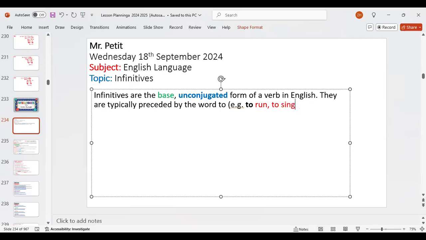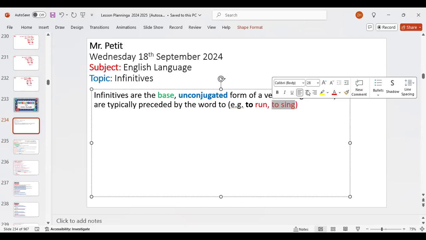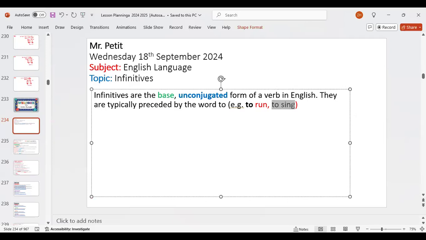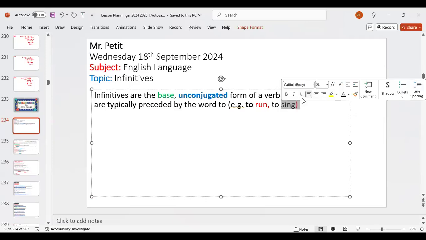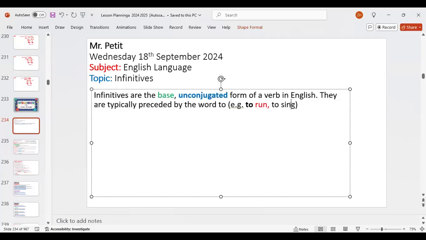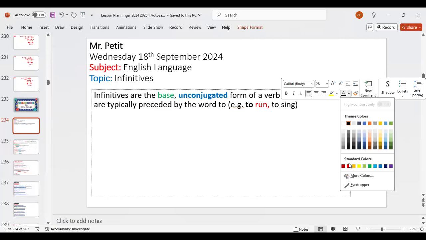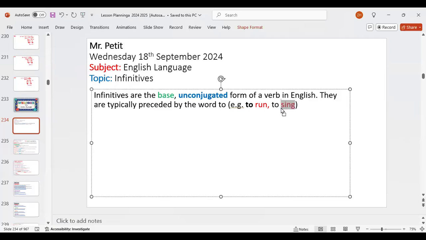What's the infinitive? No, sing. The infinitive is sing. What typically comes before infinitives? The word to.